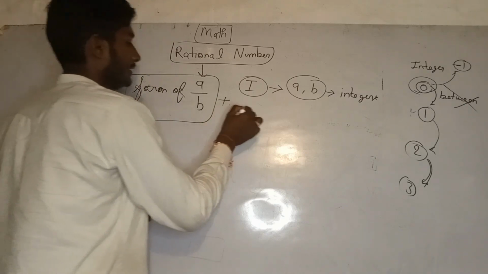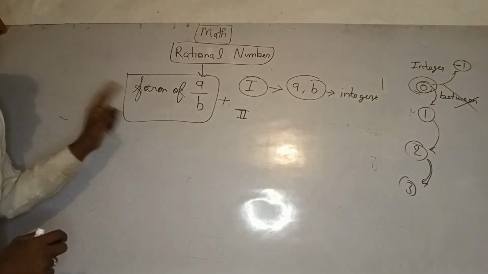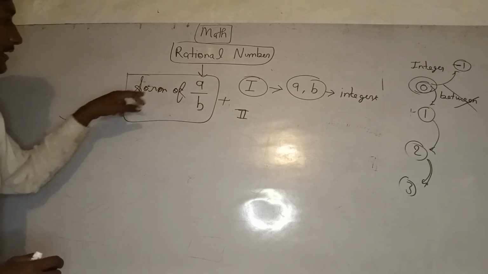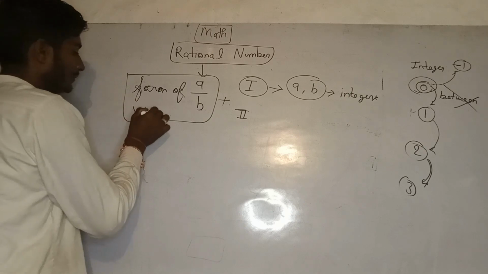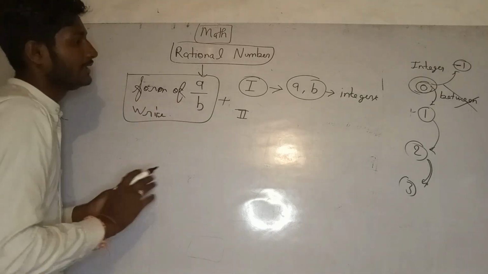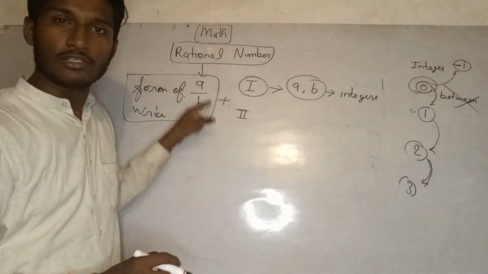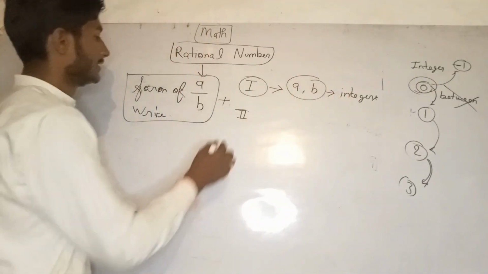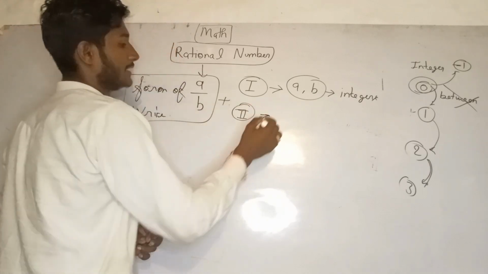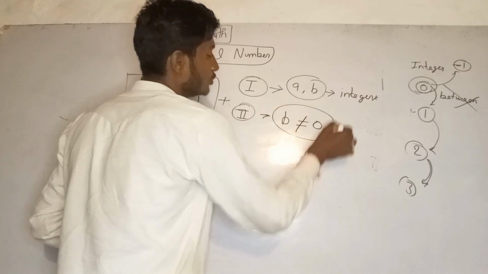And the second condition: there are only three things for a rational number. First, it can be written in the form of a upon b. Then, first condition, that a and b, both digits, are integers. And second, that b is not equal to 0.